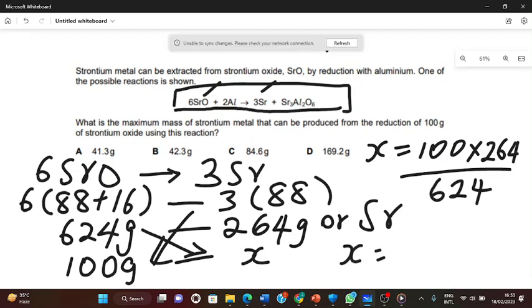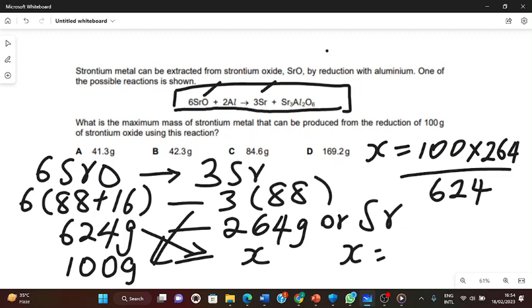Now I'm going to use my calculator: 100 times 264 divided by 624.